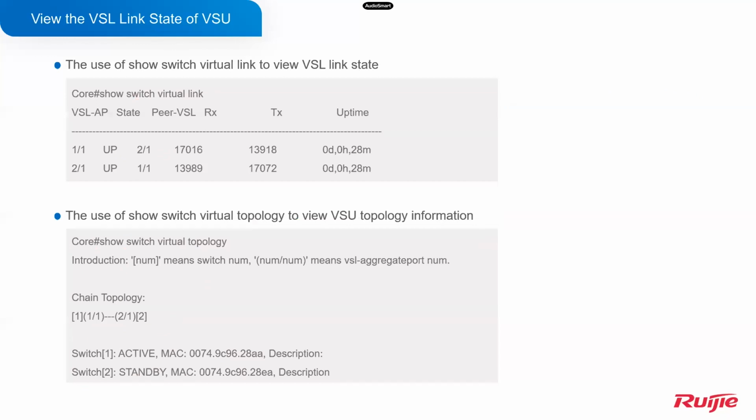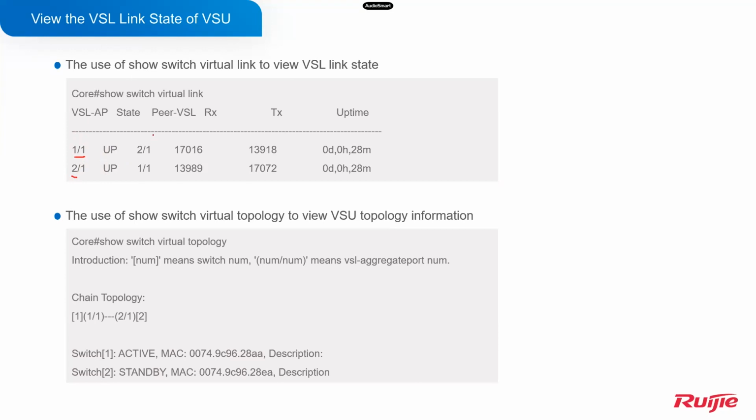Besides this, you can also use some special commands to check the VSL link. Show switch virtual link, right? You can see some special VSL interface. Session 1, the port number is 1, and also switch 2, and the status is up.